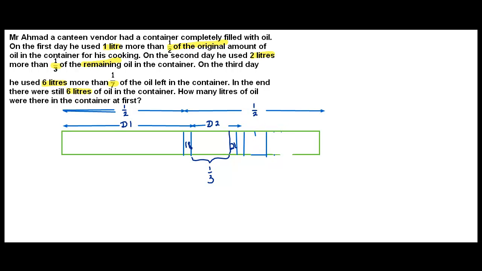1, 2, 3, 4, 5, 6, 7. They're supposed to be equal parts. So this would be 1/7.